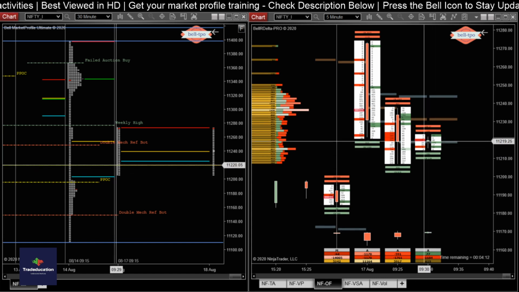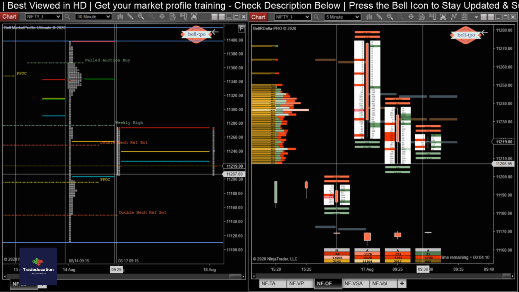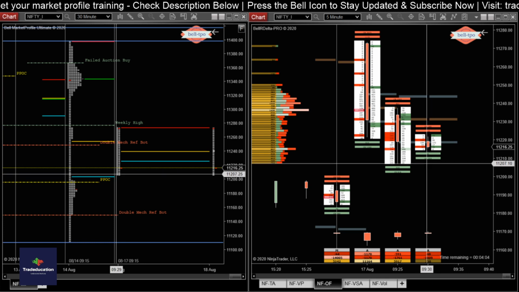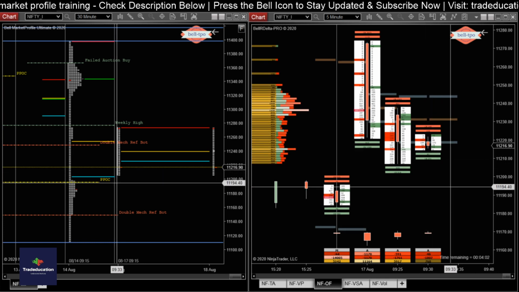Okay, see buyers stepping in. This low is not a good low, it's a poor low. So we have a poor high and a poor low, but odds are high that we'll be tagging the lows first.